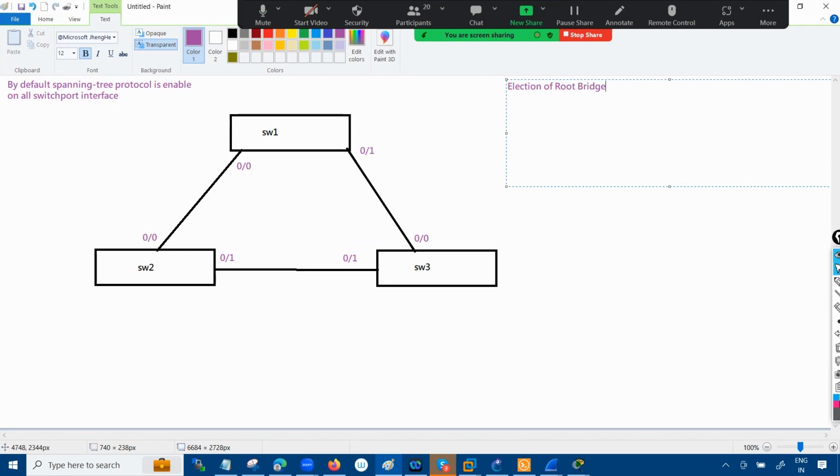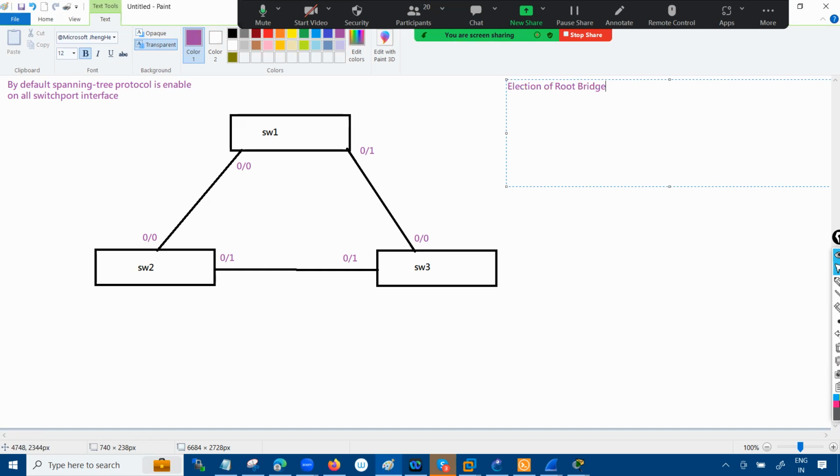Why am I using the bridge terminology? As I mentioned, if you remember from the start of the day 1 class, first the hub comes in the picture, after that the bridge, and then the switch, and then the router, firewall and those things. In 1984, Cisco came in the picture.